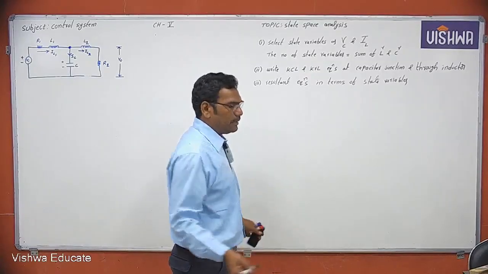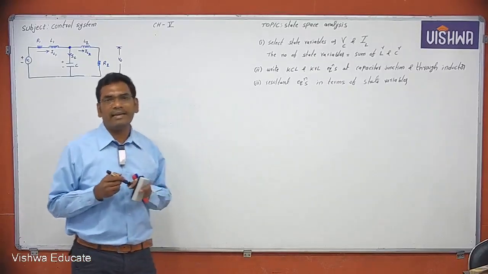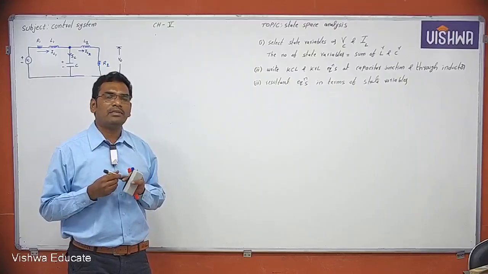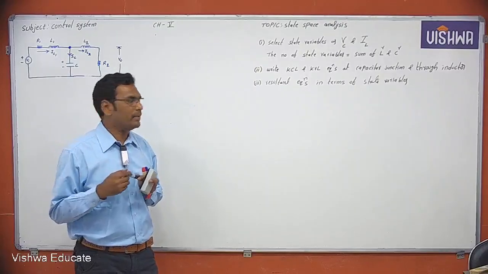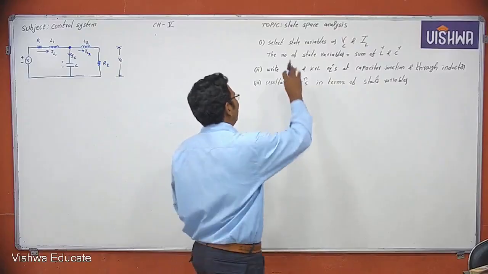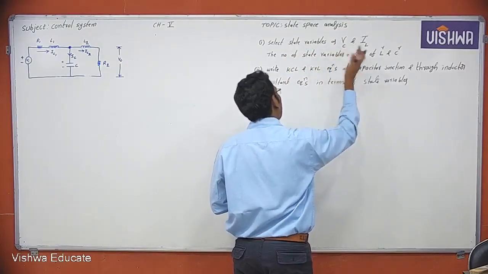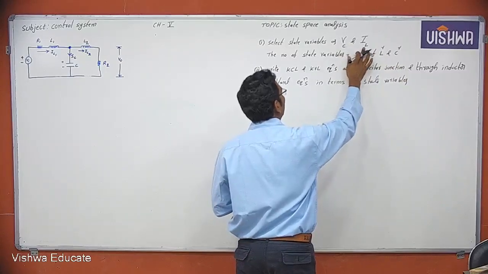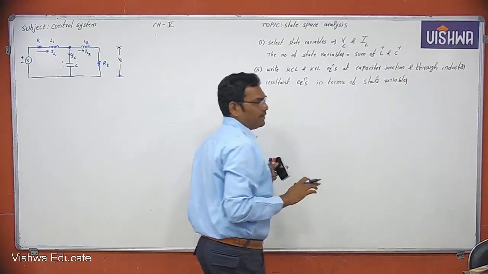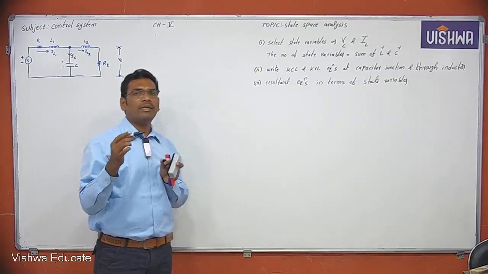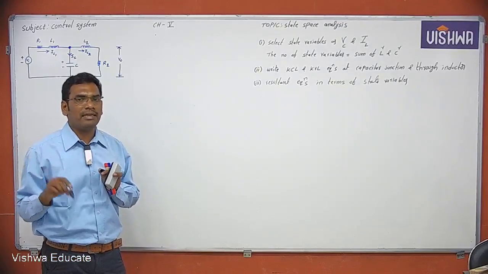Now, in any model we have to identify the variables. State variables may be 1, 2, or 3, whatever it may be. Select the voltage across a capacitor as a state variable, or the current through an inductor as a state variable.